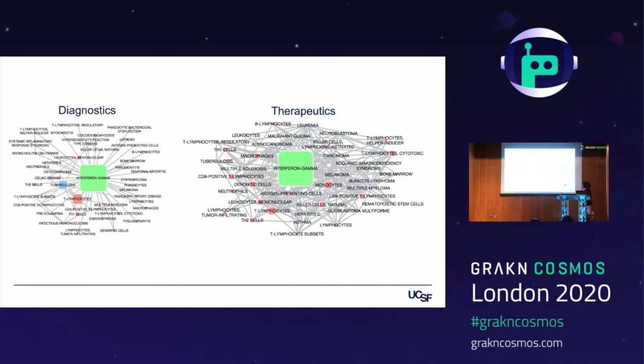What's the role of the cytokines in diagnostics and therapeutics, and we looked at all these relationships. So this gives you an idea of how much data mining you could do using the kind of knowledge base you can build, and this was done back in 2016 based on an NLP approach.